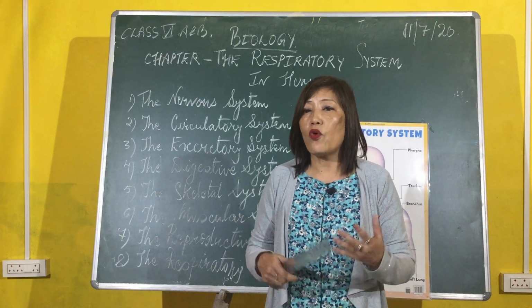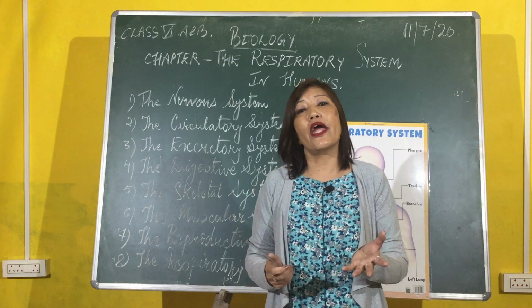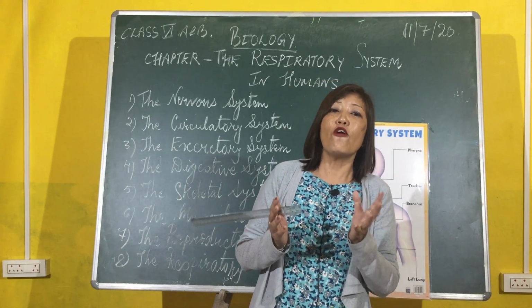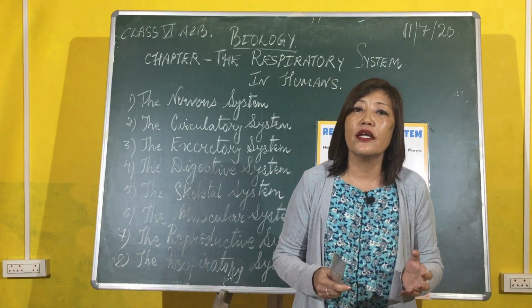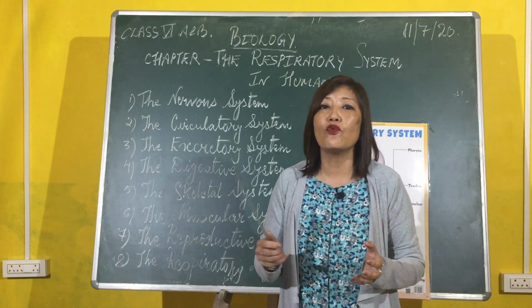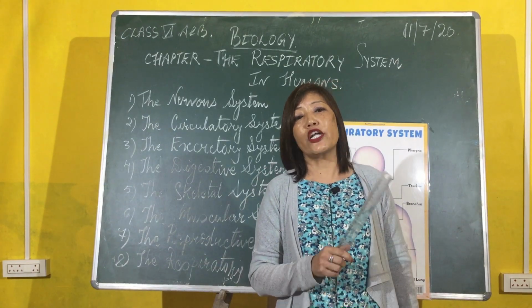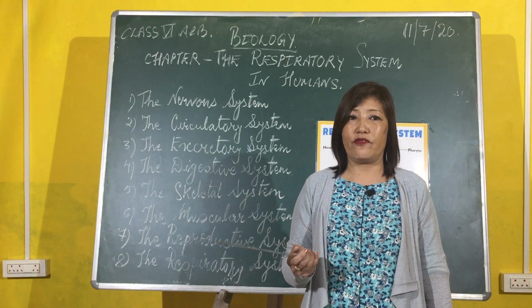So, what is respiration then? Respiration is the process where the food is oxidized. Food is oxidized means food will combine with oxygen to release energy, carbon dioxide and water. And the energy that is released is used by the body for physical activities and metabolic activities.